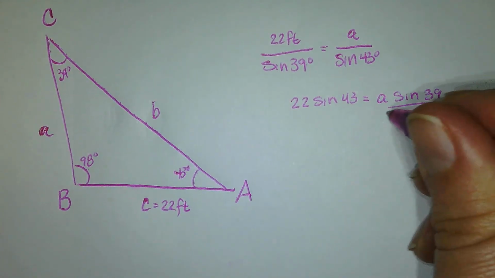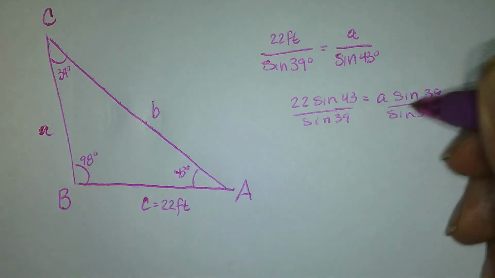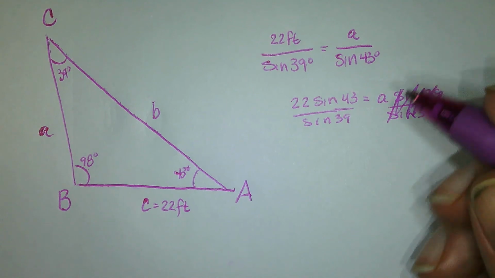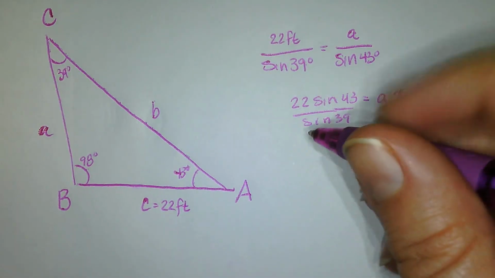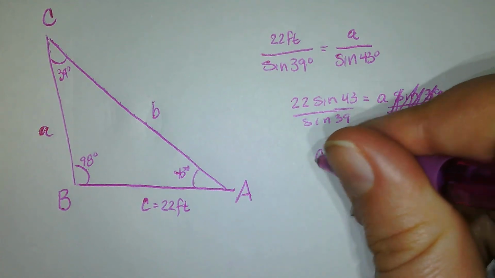Divide away the sine of 39. And once you calculate all that, we're going to get A is equal to 23.8, or let's just round it to 24 feet.